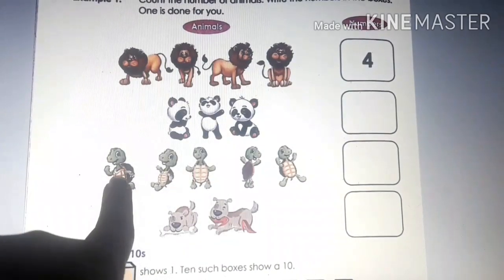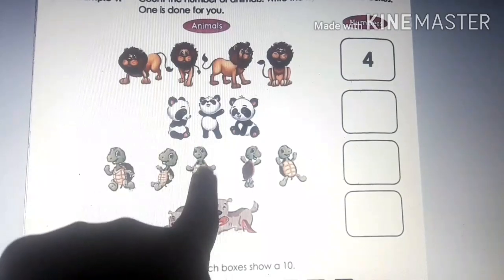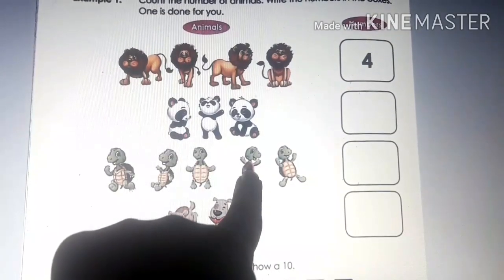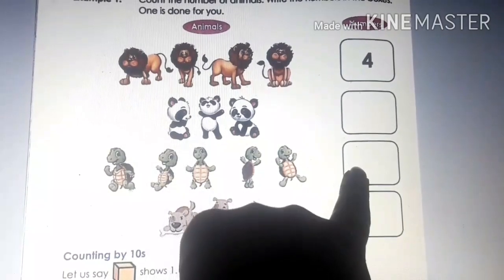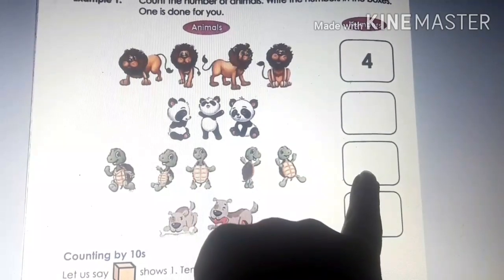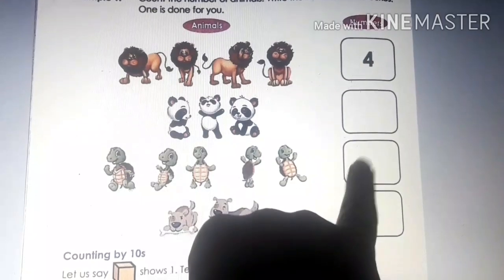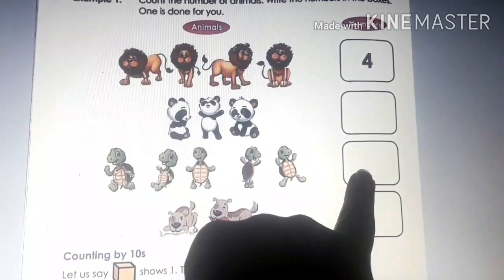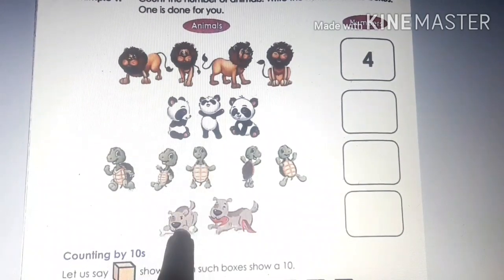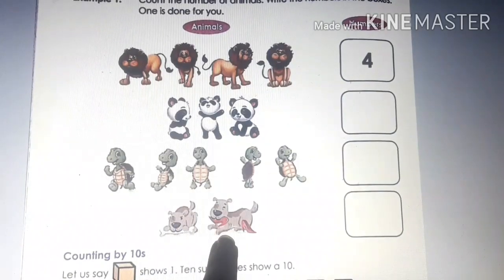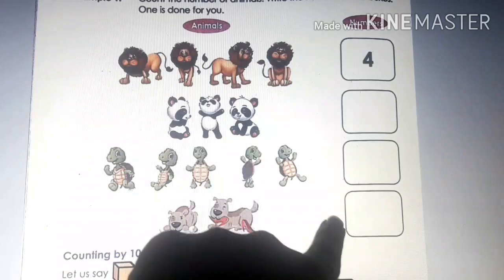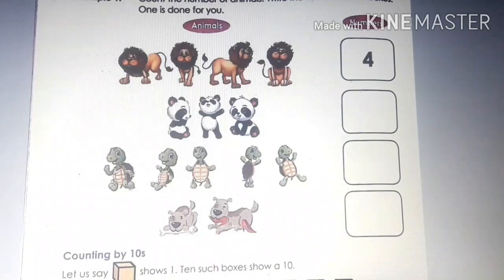Next, 1, 2, 3, 4, 5. How many animals? 5. So you write in the box 5. Take out your pencil and write, children, 5. Next, last, what can you see? How many animals can you see? 2. So you write in the box 2. Okay? So is it clear, children?